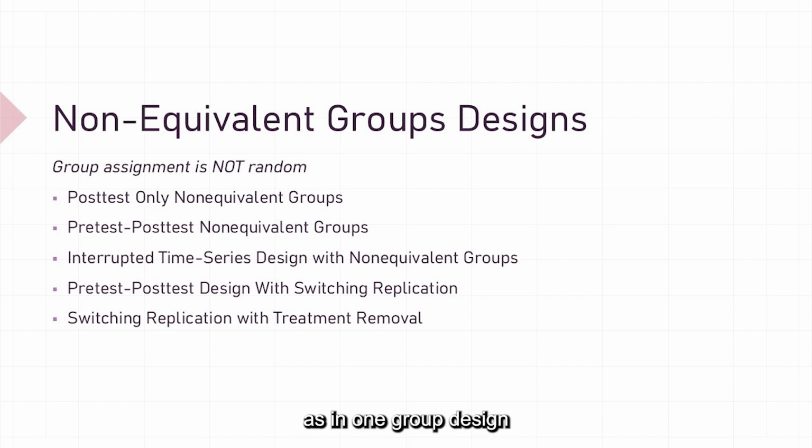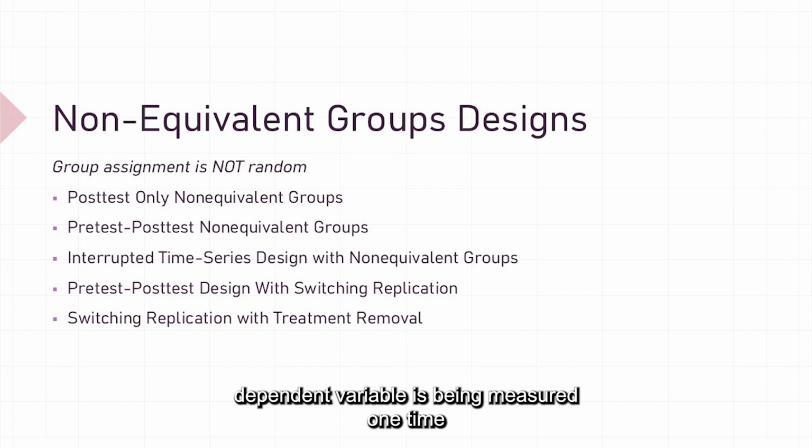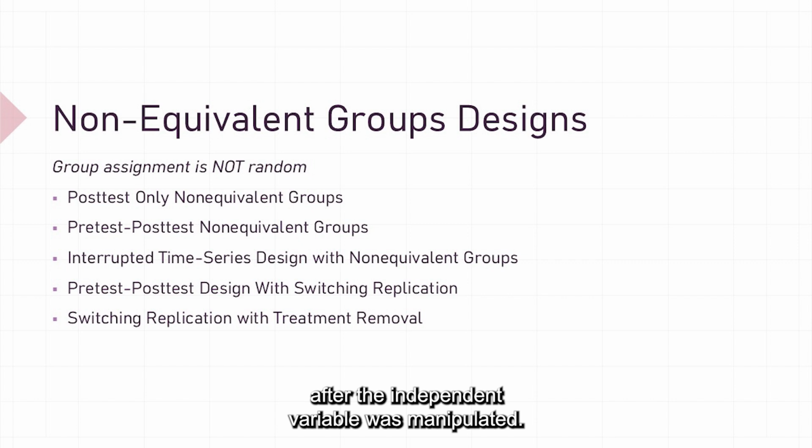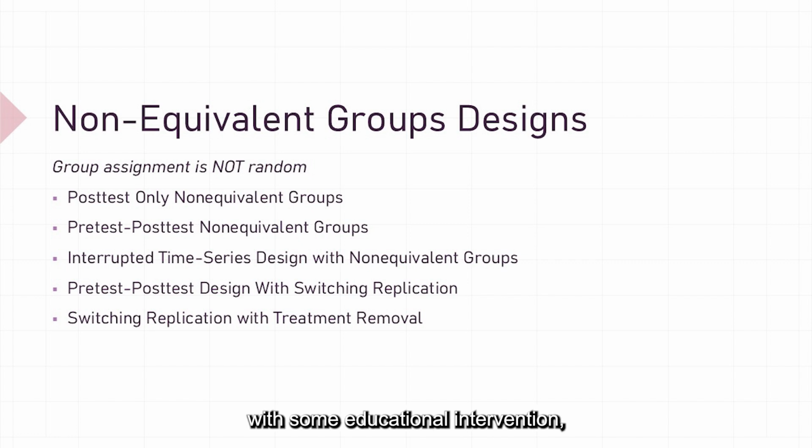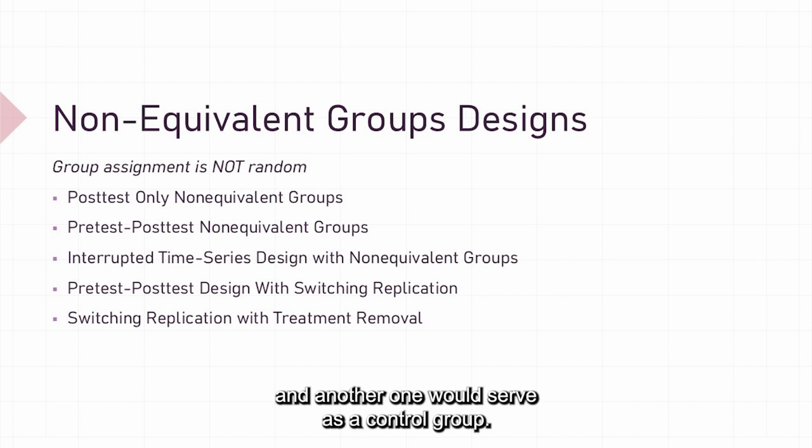Similar to the one-group design, the dependent variable is measured one time after the independent variable was manipulated. A good example for this type of design would be two school classes. One of them will be treated with some educational intervention and another one would serve as a control group.